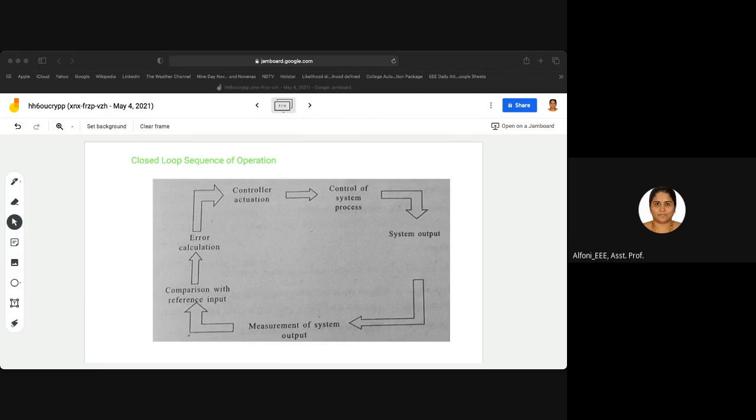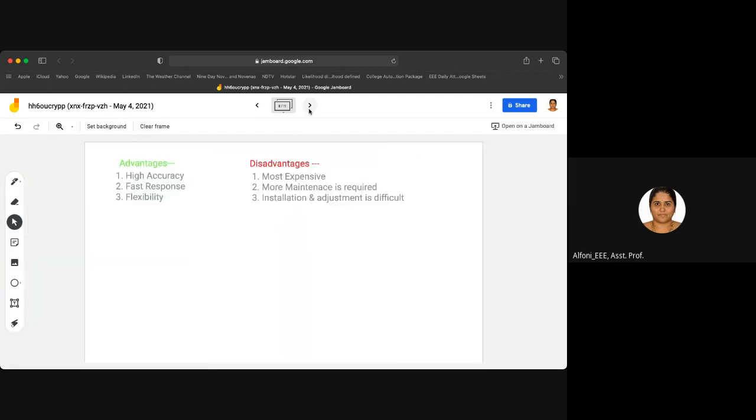After the calculation of error, the actuation of the controller occurs and controls the system process. So this is the entire sequence of operation of a control system. So we have seen what is an open loop and what is a closed loop.